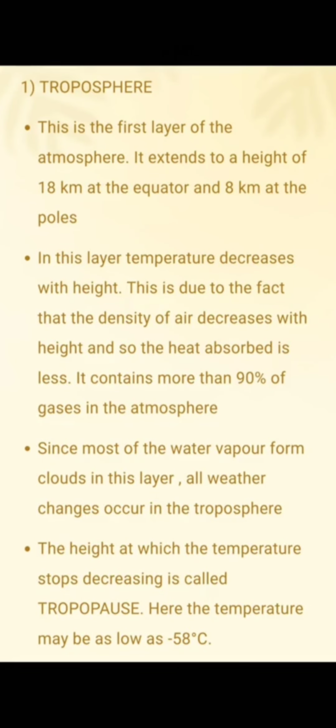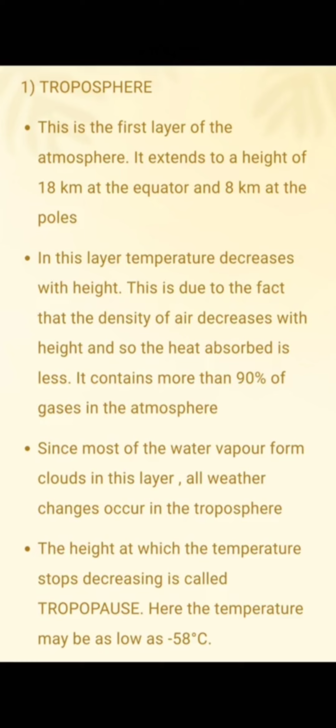So here we have seen the 5 different layers of the atmosphere. The term troposphere means change. This layer gets its name from the weather that is constantly changing and mixing up the gases in this part of our atmosphere. Now let us see the 5 layers one by one in detail.